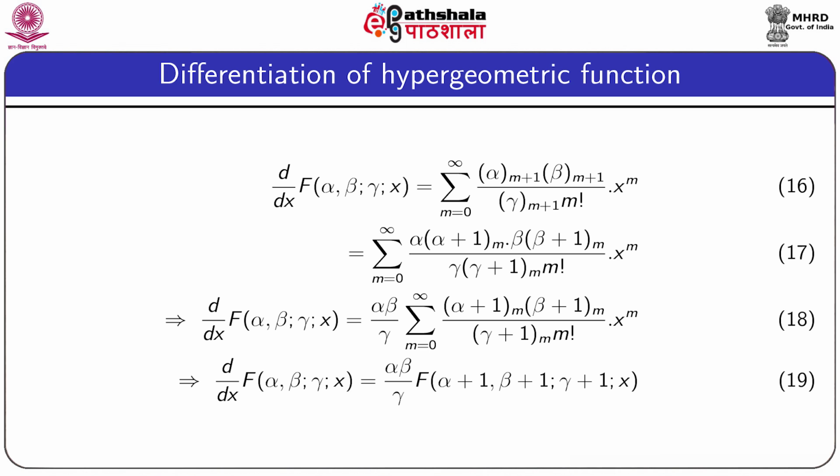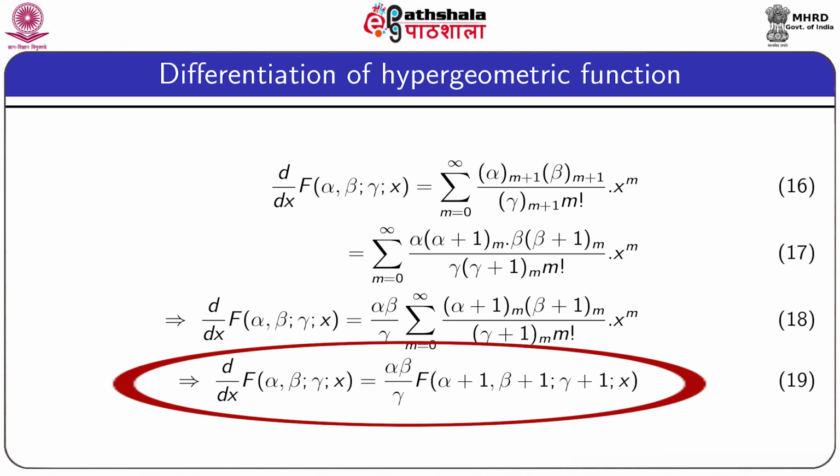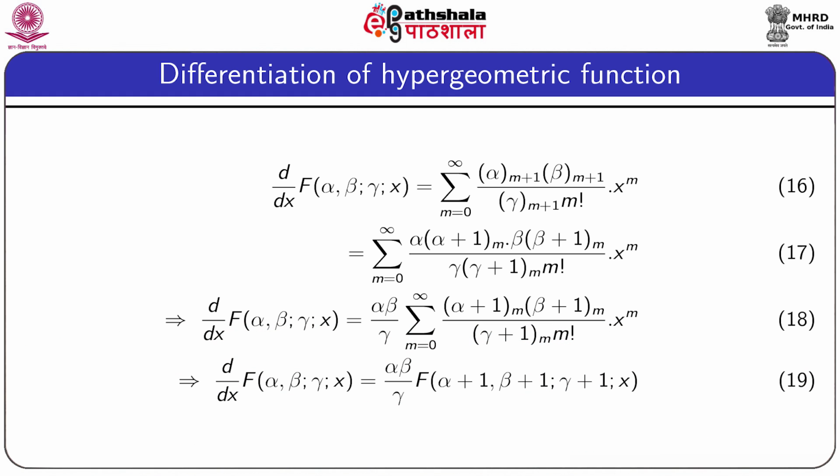Please note alpha plus 1 in the suffix m is the Pochhammer symbol which we have already defined before, and therefore we conclude d/dx of f alpha beta gamma x is equal to alpha beta by gamma f of alpha plus 1 beta plus 1 gamma plus 1 x, which is our required result.